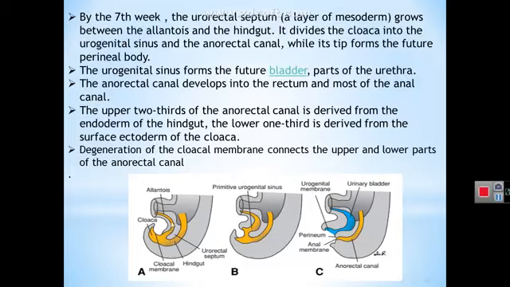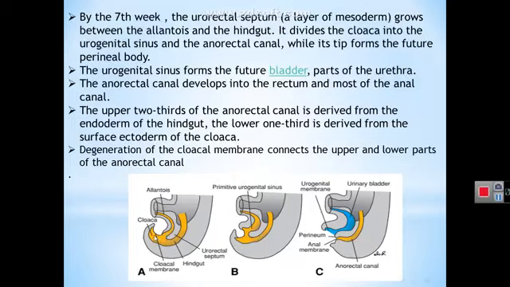The allantois enters the anterior portion of the cloaca. It is the primitive urogenital sinus. Primitive anorectal canal, primitive urogenital sinus.